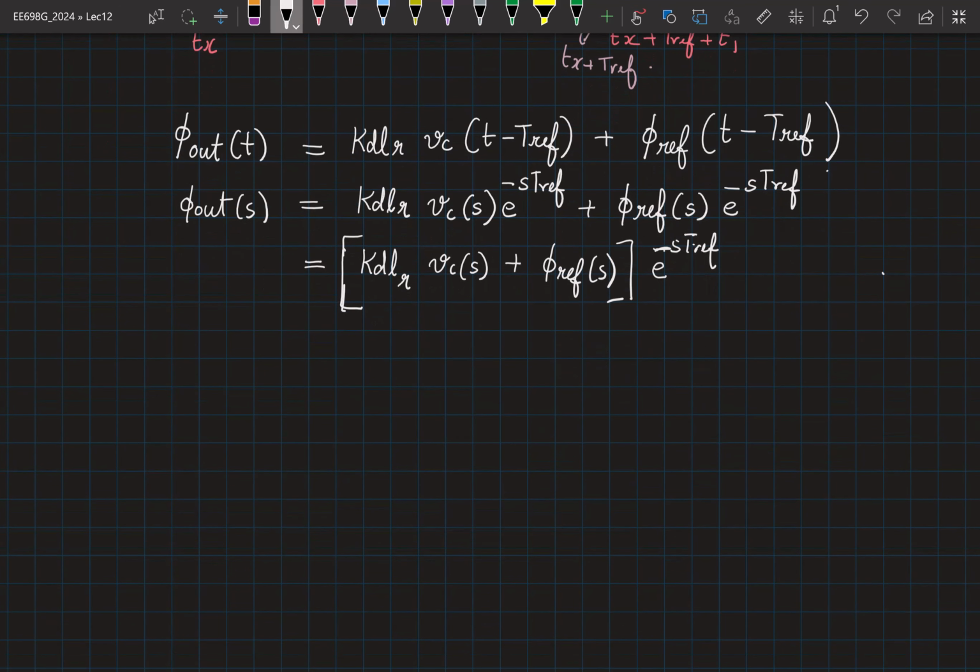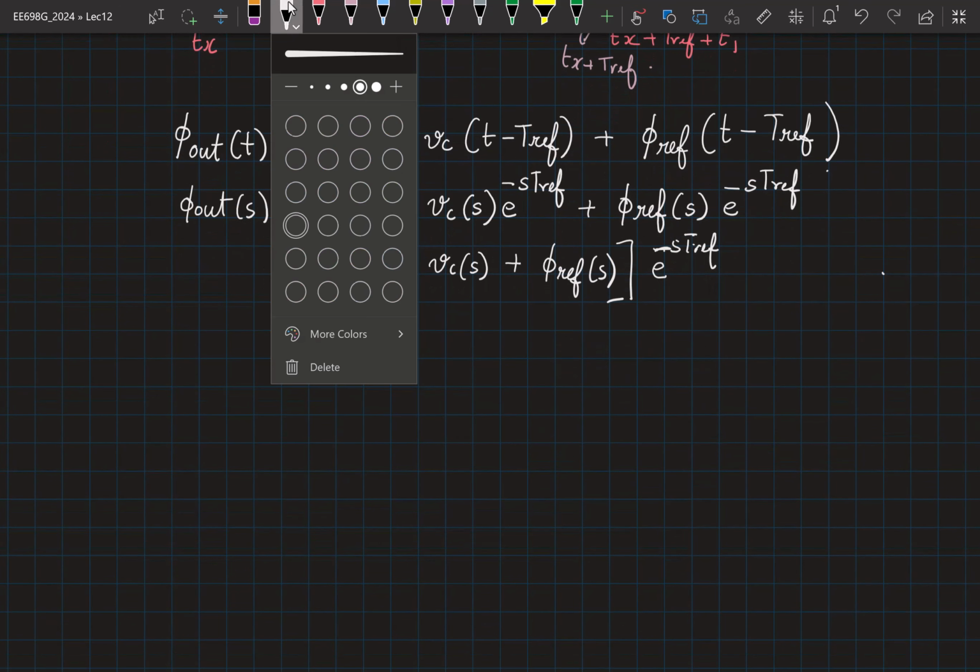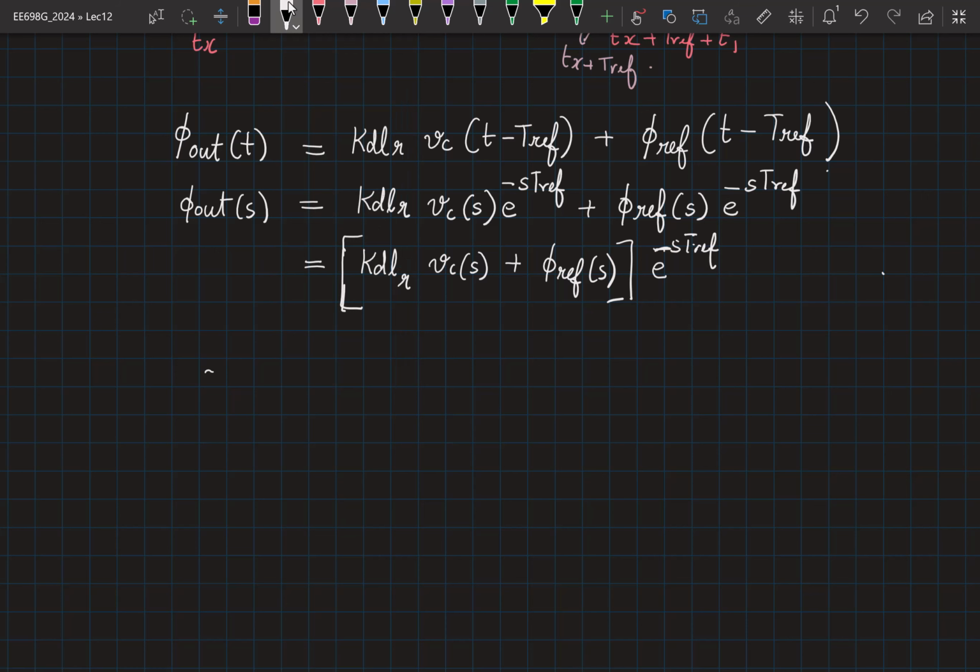We can quickly sketch how the model is going to look. You have one input, phi ref of S. To this, I need to add Vc of S scaled by KDLR.